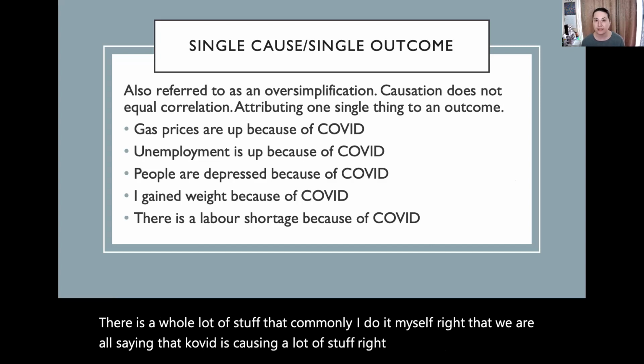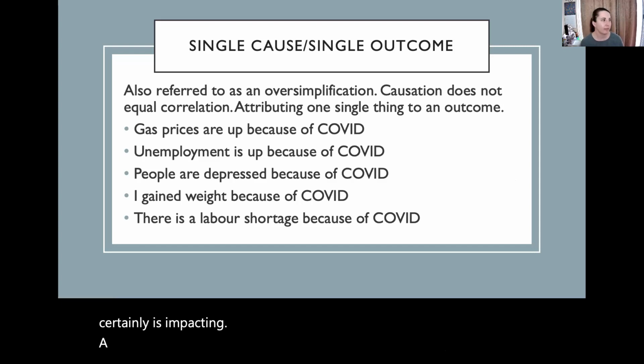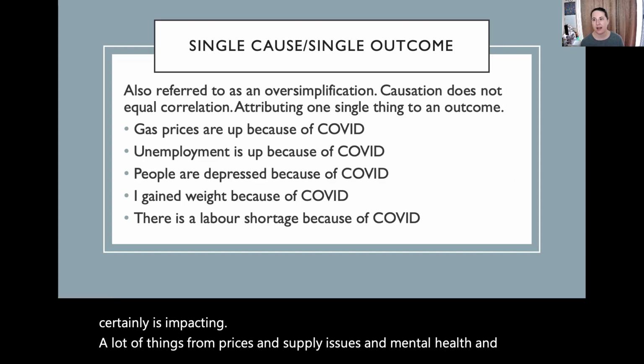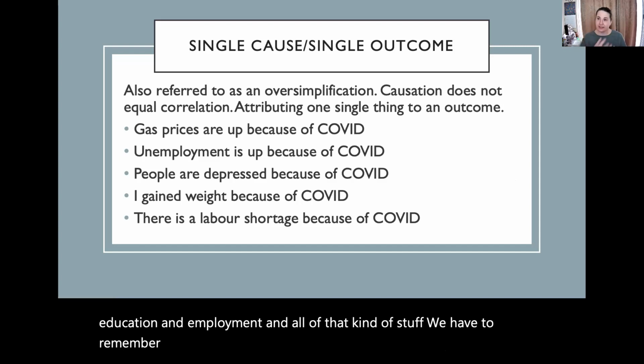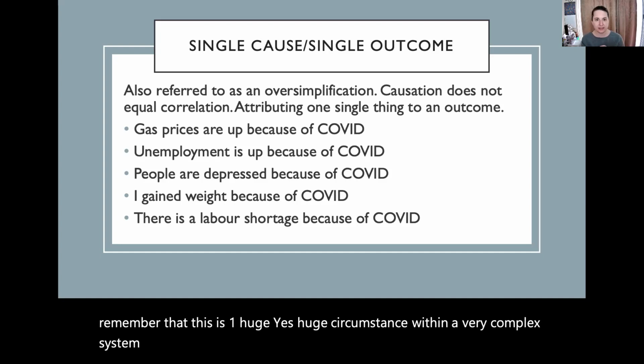And while COVID certainly is impacting a lot of things, from prices and supply issues and mental health and education and employment and all of that kind of stuff, we have to remember that this is one huge circumstance within a very complex system of other circumstances, right?